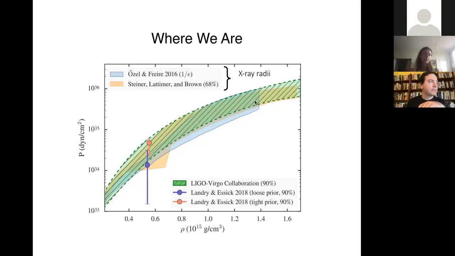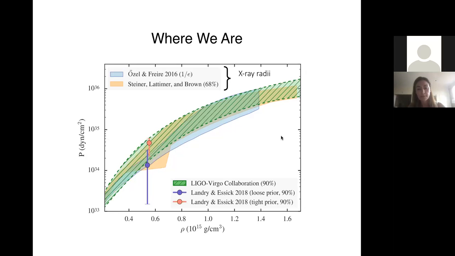And NICER analyses find somewhat larger radii that are in tension with these results. But of course, it's a developing problem that hopefully in the next 5, 6, 7 years of data is going to help with even more. So I'm going to stop there and answer a few questions.